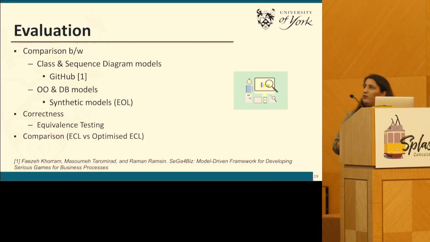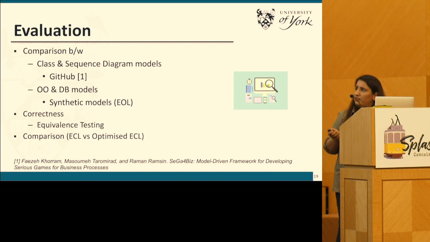Now we evaluated our approach with two types of models: class and sequence diagram models that we mined from GitHub, and synthetic models of object-oriented and DB. Because we are rewriting the program, it's very important to ensure that the program is still correct and produces the same output as before the optimization. So we did it using equivalence testing.